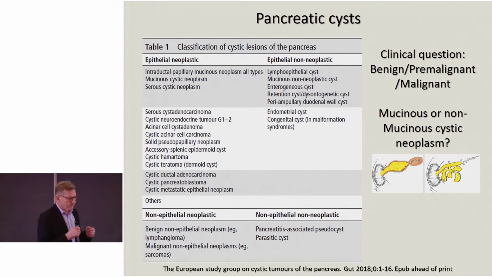I don't want to go through all these, but as you can see, there are so many different cysts. Basically, the question is: is it a mucinous or a non-mucinous cyst? The mucinous cysts might develop into a malignant cyst, whereas most of the non-mucinous will stay benign.